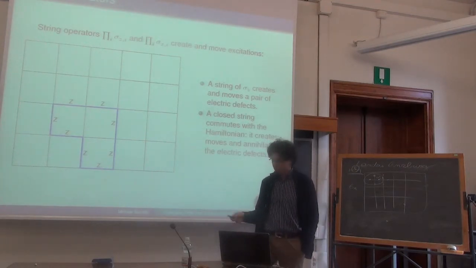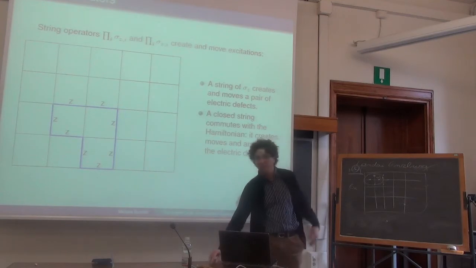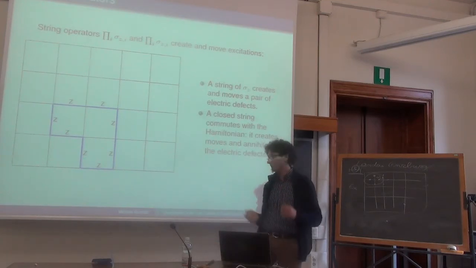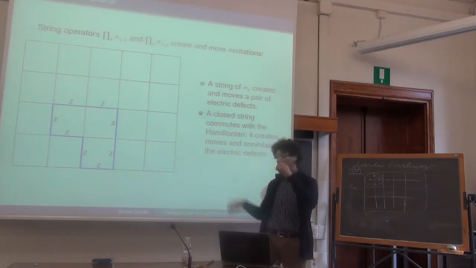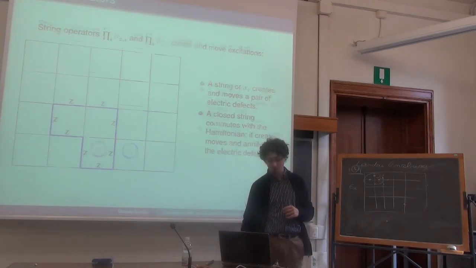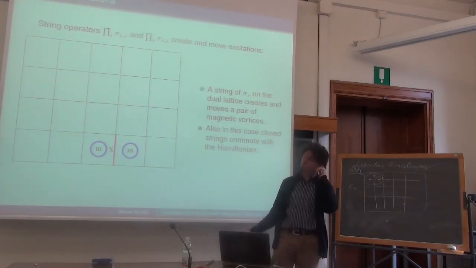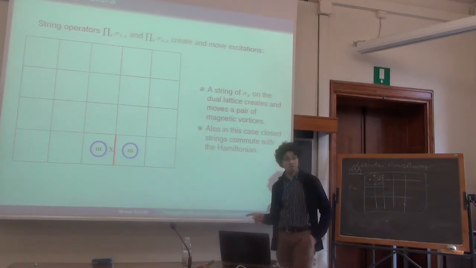And so these Z strings nucleate pairs of electric charges, move them around, and if I close the loop, they annihilate the charges in such a way that they are symmetries of the system. The same is true on the dual lattice for the magnetic fluxes.